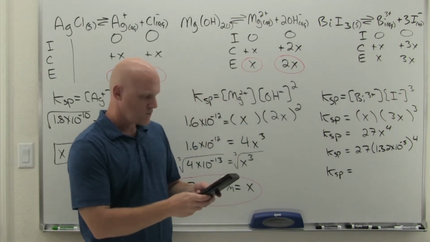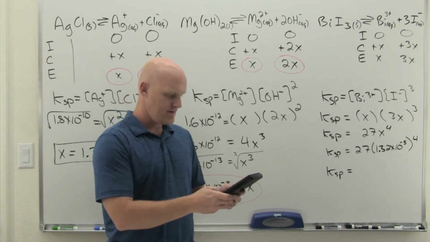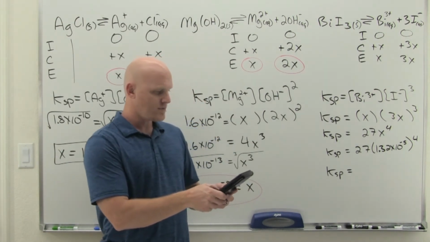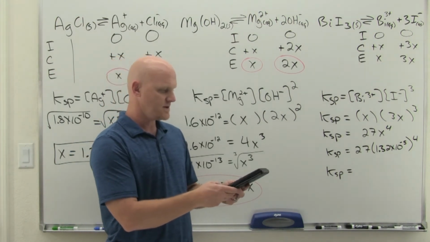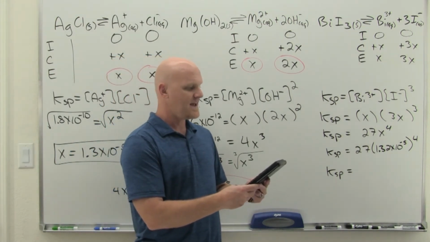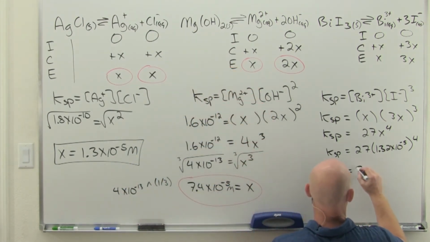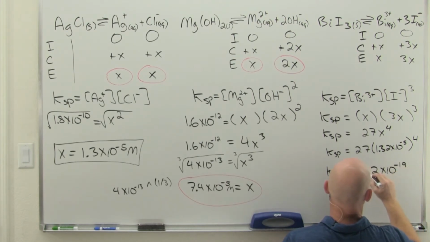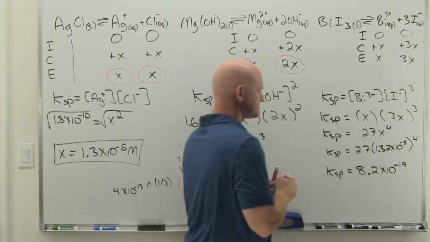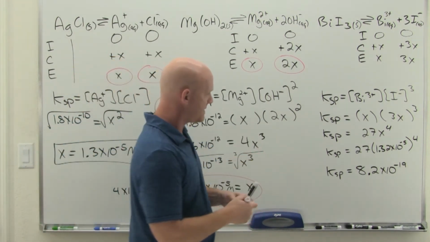Okay, so I'll take the 1.32 times 10 to the negative 5 raised to the 4th power, and then I'll multiply that all times 27. In this case, I get 8.2 times 10 to the negative 19. Cool. And there indeed is our correct answer.